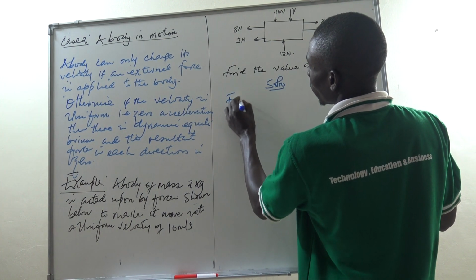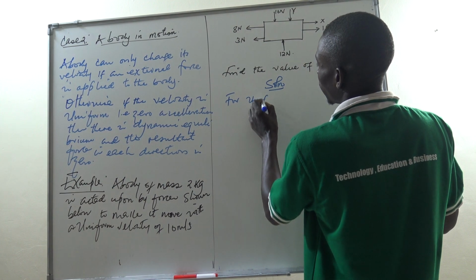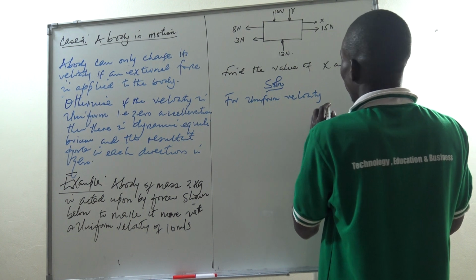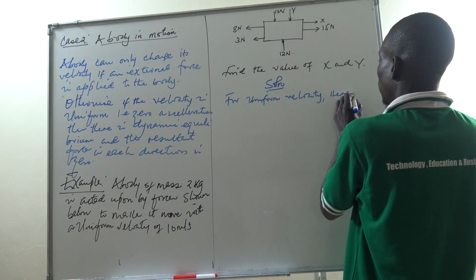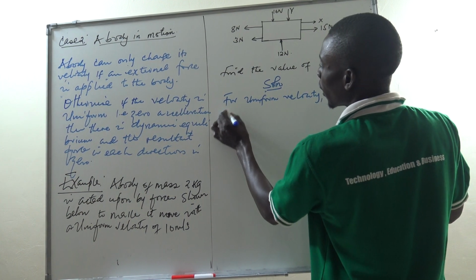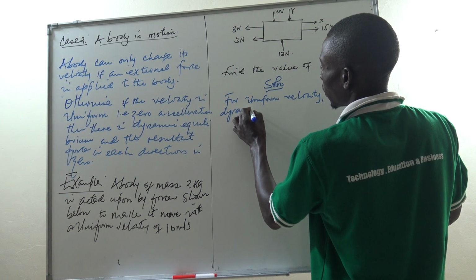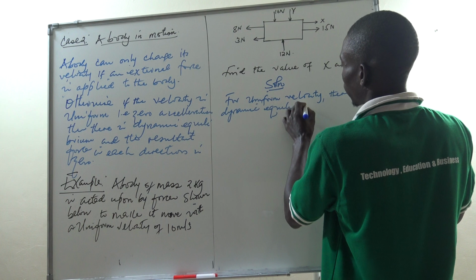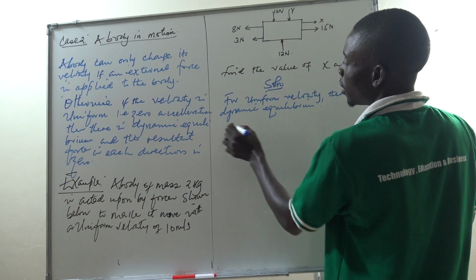I'll say, for uniform velocity, there is dynamic equilibrium.